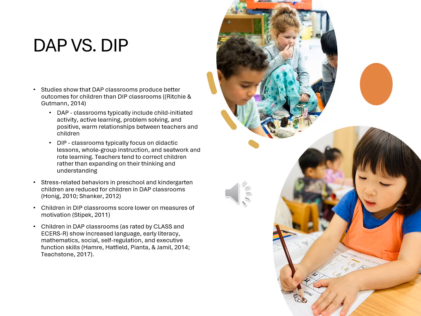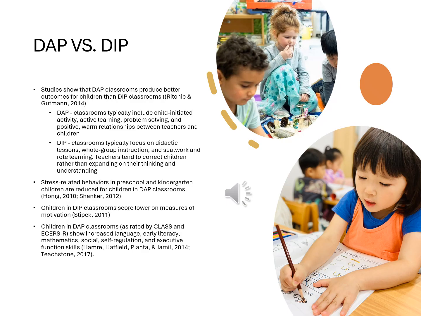Now, on the flip side, kids who are in preschool and kindergarten classrooms that use more appropriate practices show increased language ability, early literacy ability, mathematic ability, and social ability. They have better self-regulation and something called executive function, which means that you are planning things that you need to do.